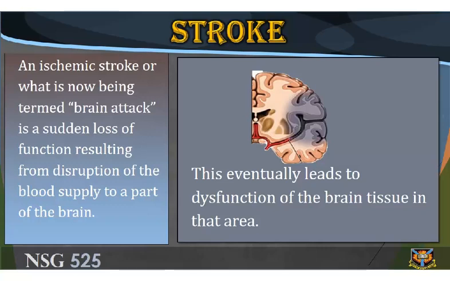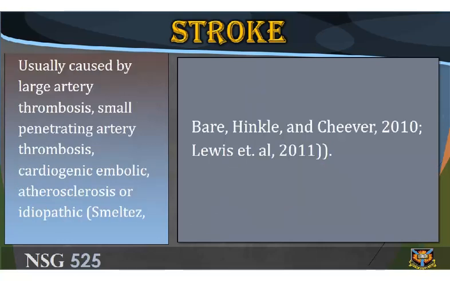This eventually leads to dysfunction of the brain tissue in that area, usually caused by large artery thrombosis, small penetrating artery thrombosis, cardiogenic embolic, atherosclerosis, or idiopathic causes. An ischemic stroke can occur in two ways: embolic and thrombotic strokes.